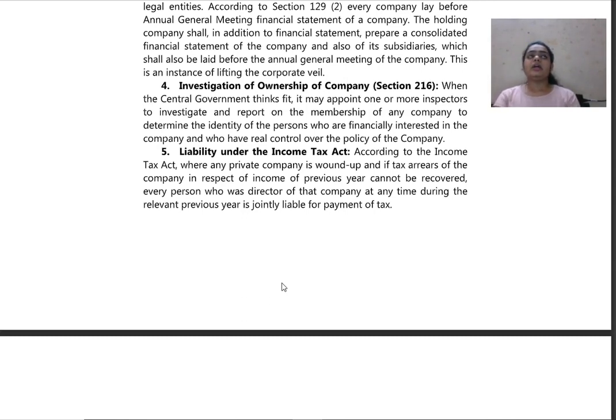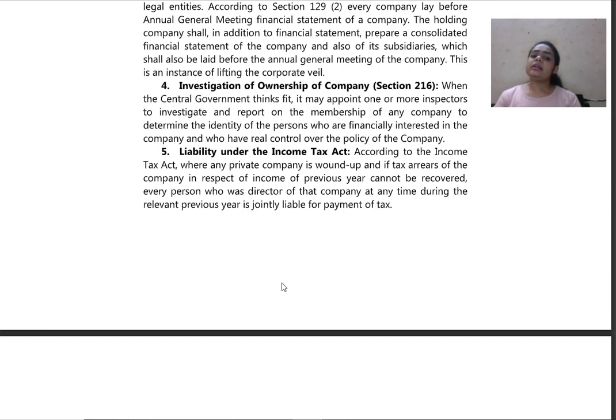What does this mean? That if the central government thinks fit, it may appoint inspectors to investigate and take reports of the members of the company. Like we saw in the Salomon case, the members were family members only.